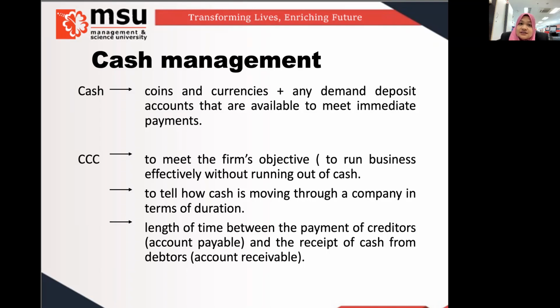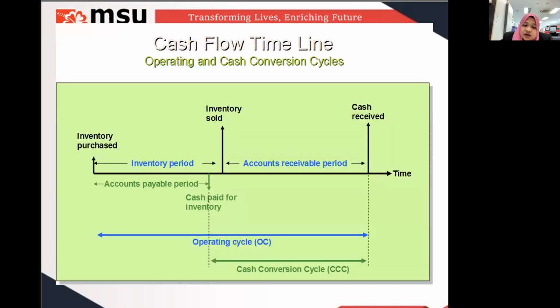So the first thing that we have to do is know how long the duration of the cash conversion cycle is. So how to calculate the cash conversion cycle? The cash conversion cycle is operating cycle minus the period to pay for accounts payable. Okay.